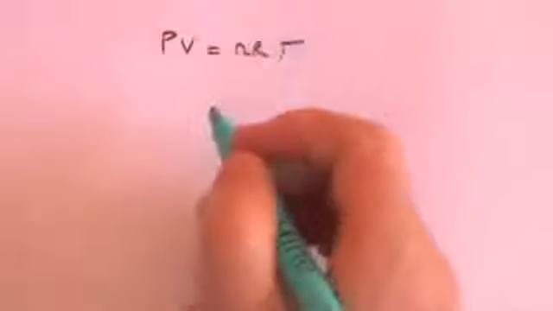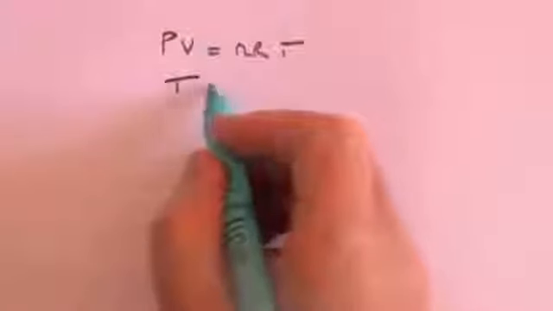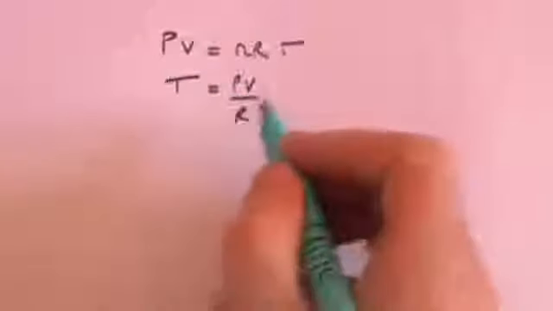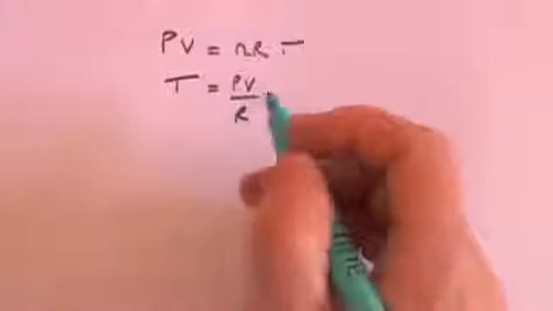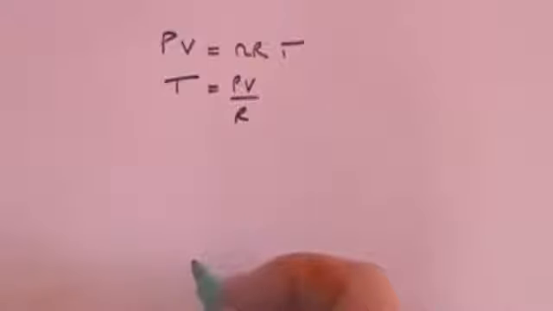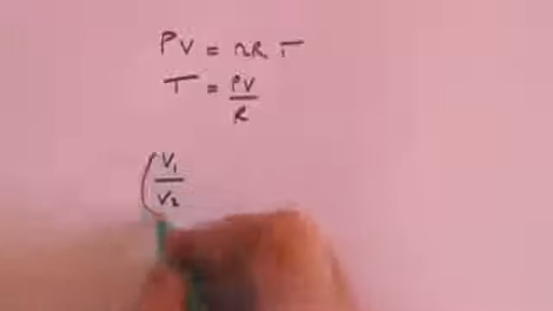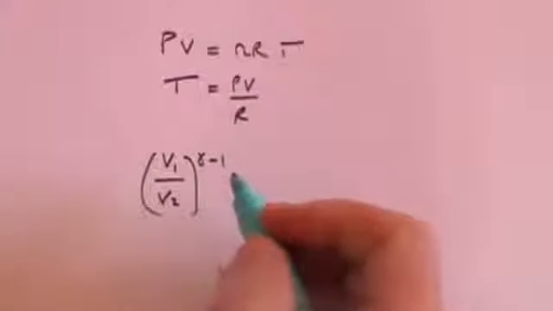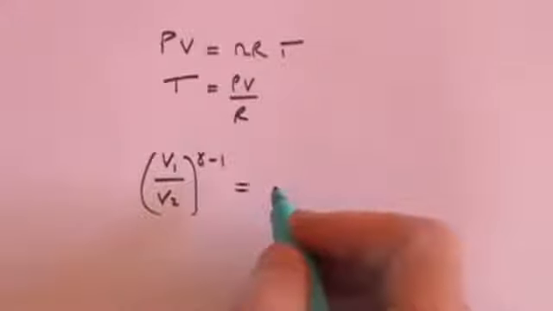But we also remember from the ideal gas law that PV equals nRT, and therefore if again you let n equal 1, you will get T equals PV over R, and we're going to substitute that for the temperatures in the formula we just derived. And so now you get that V1 over V2 to the gamma minus 1, which was the term on the right hand side of the equation we just derived, is equal to T2 over T1.